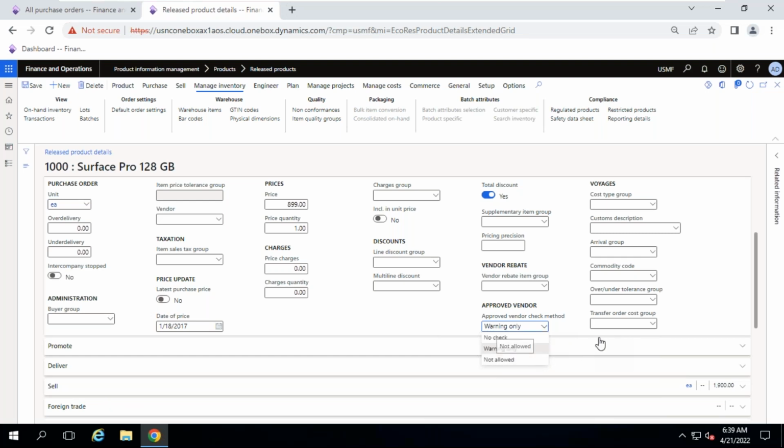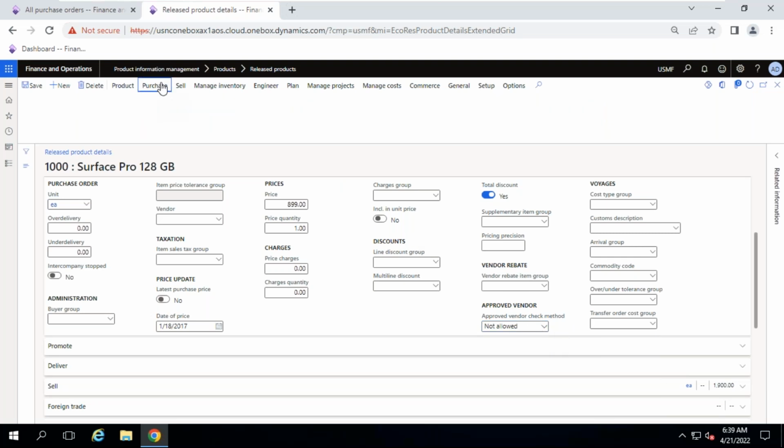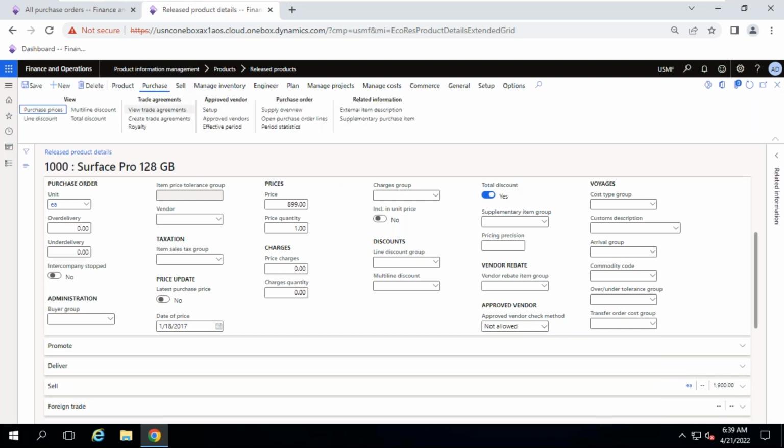Not allowed means I will purchase from specific vendors only. If you map not allowed, then you can go to the purchase tab, click on approved vendor setup, and map the vendor list.